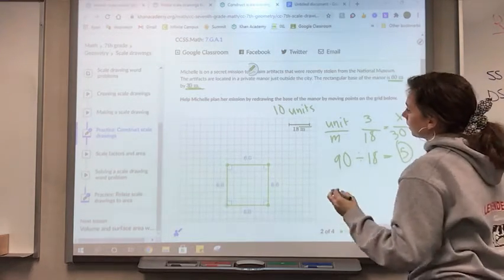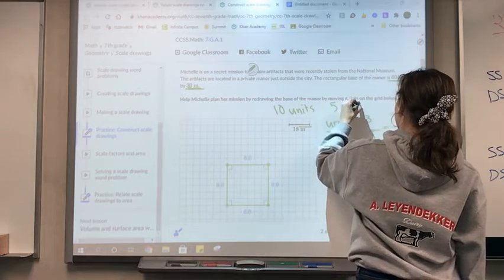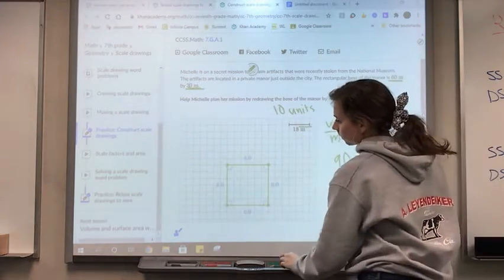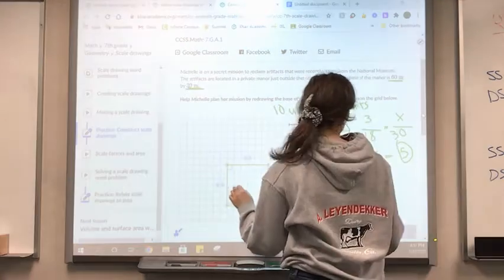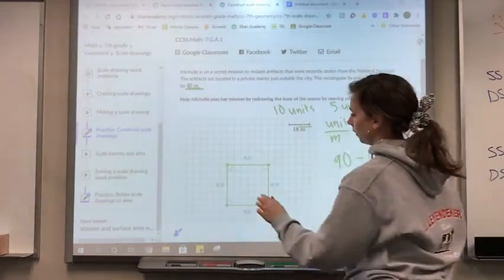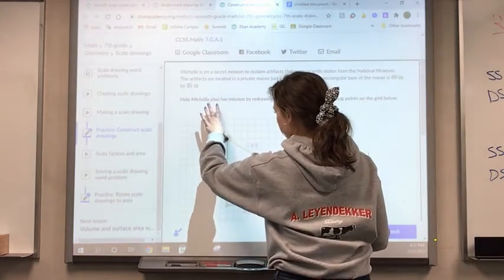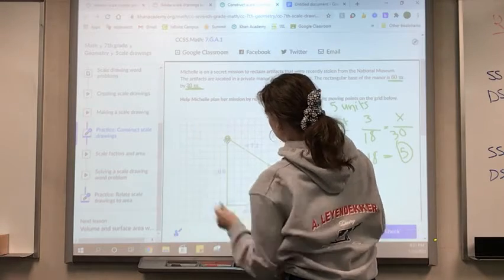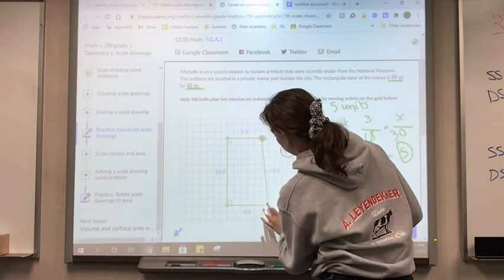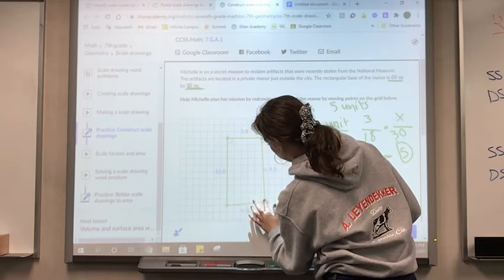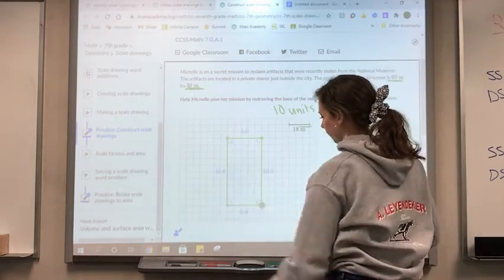So the other length is 5 units. So then we move the lengths of this shape on the grid to get 10 by 5. All right, so we have 5 and 10.